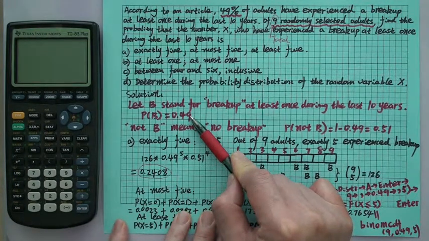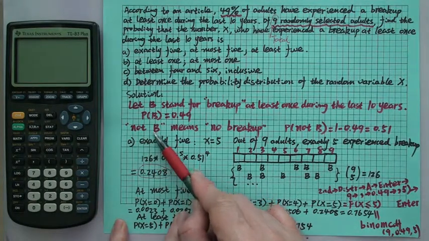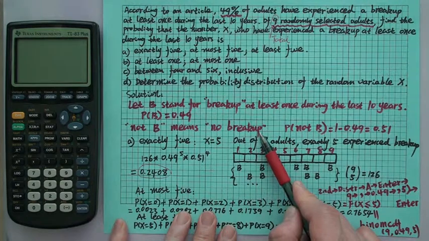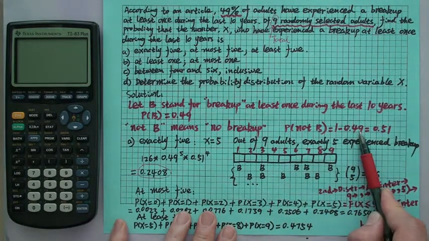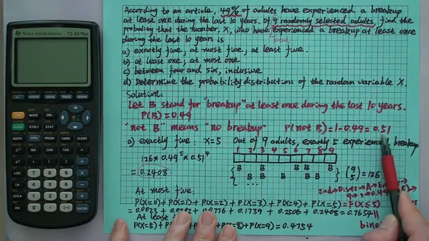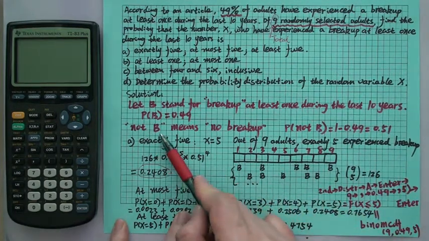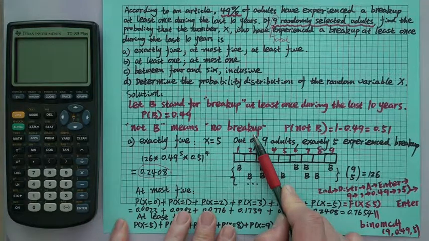Then, of course, the probability for this adult to not have experienced a breakup is 1 minus 0.49, which is 0.51. Here not B means no breakup in the last 10 years.